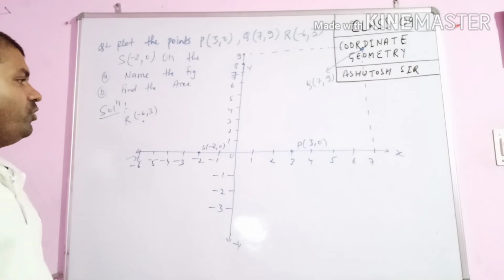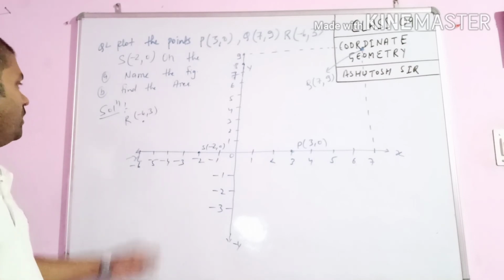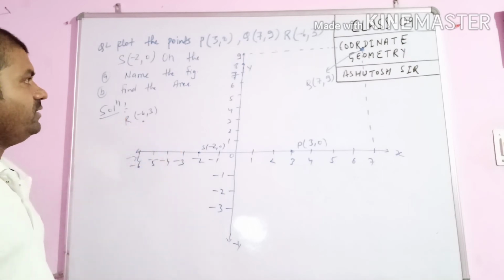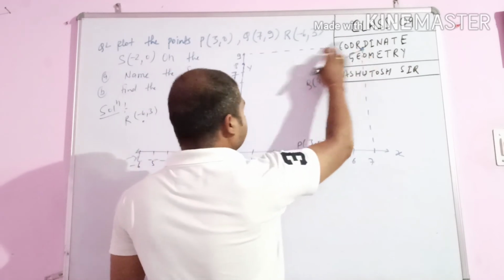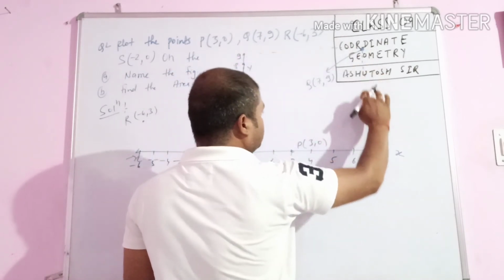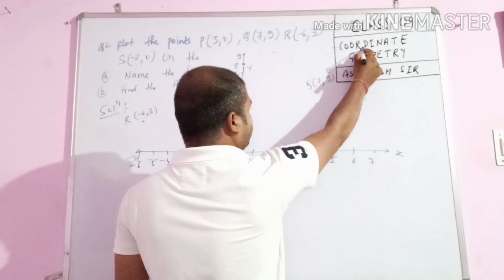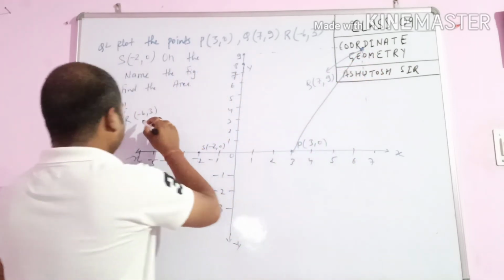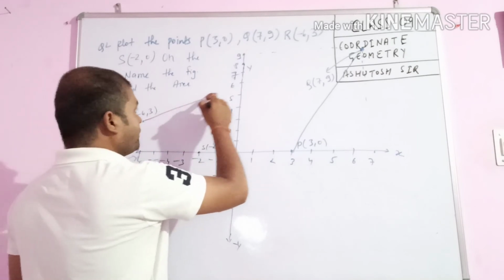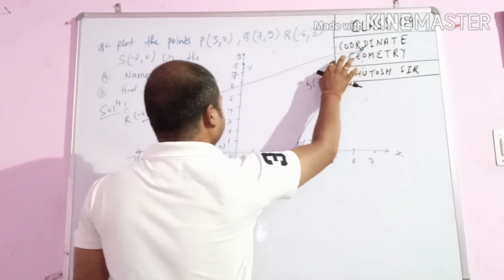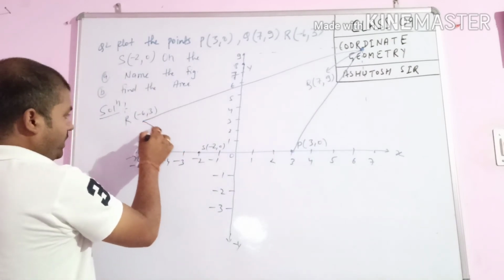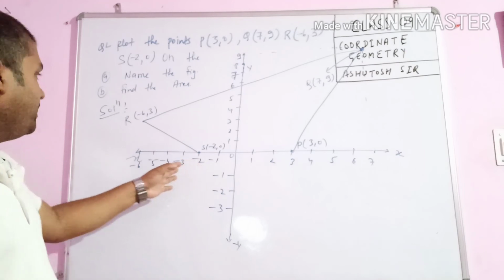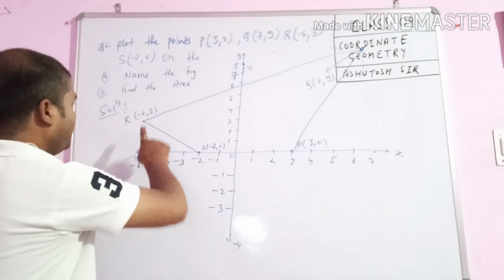Then join all the points. If you join P to Q, Q to R and R to S, we get a figure. Okay, we see here just like two parallel lines.